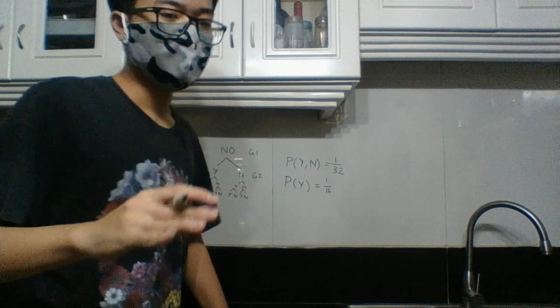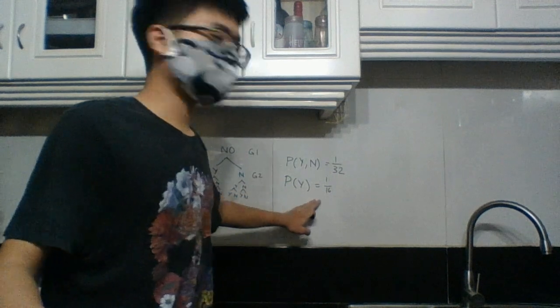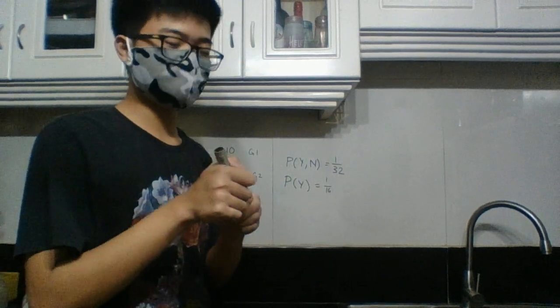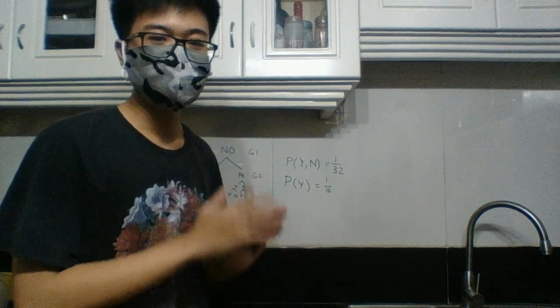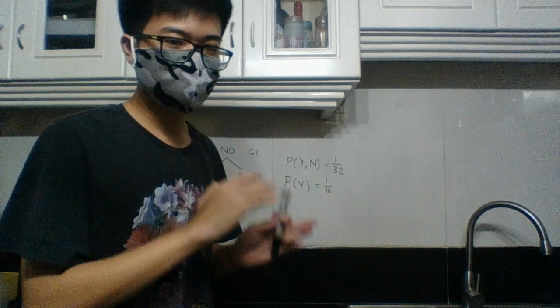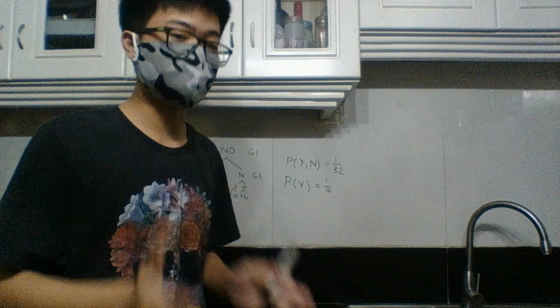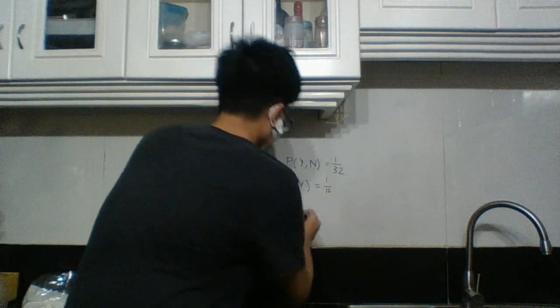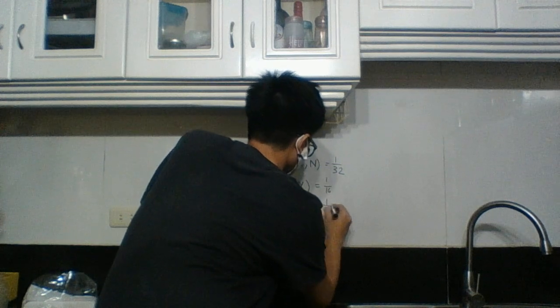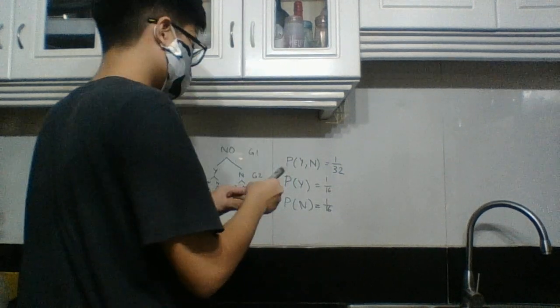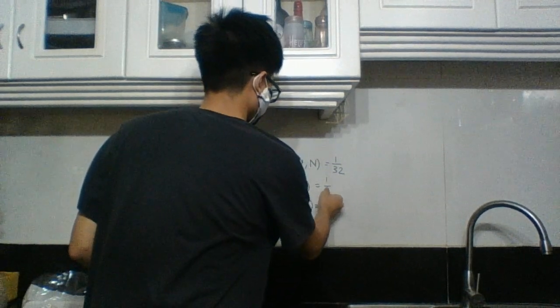But I want to emphasize that even though what I'm saying and doing is evil for my friend, I want to make it fair for him. So I want the chances of him getting a yes or no to be equal. So the p of y and the p of n is 1 over 16. So actually not 16, but 32.